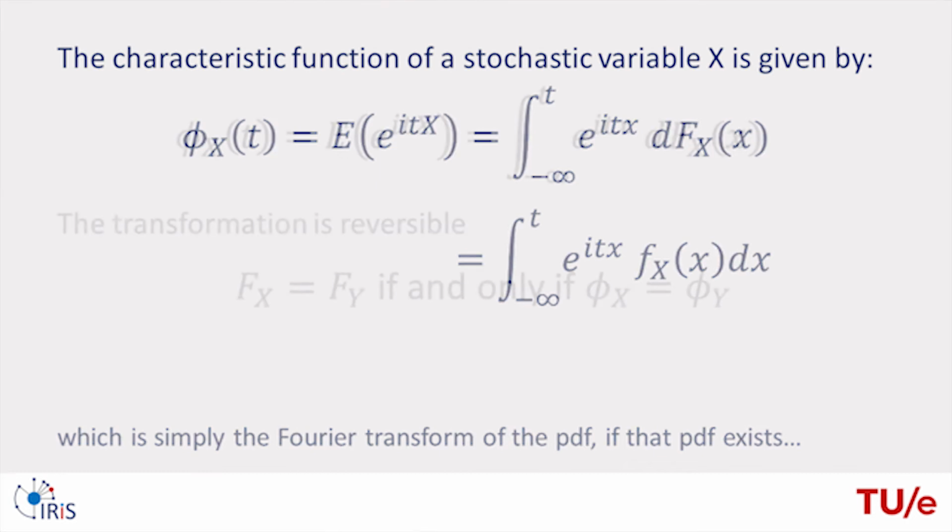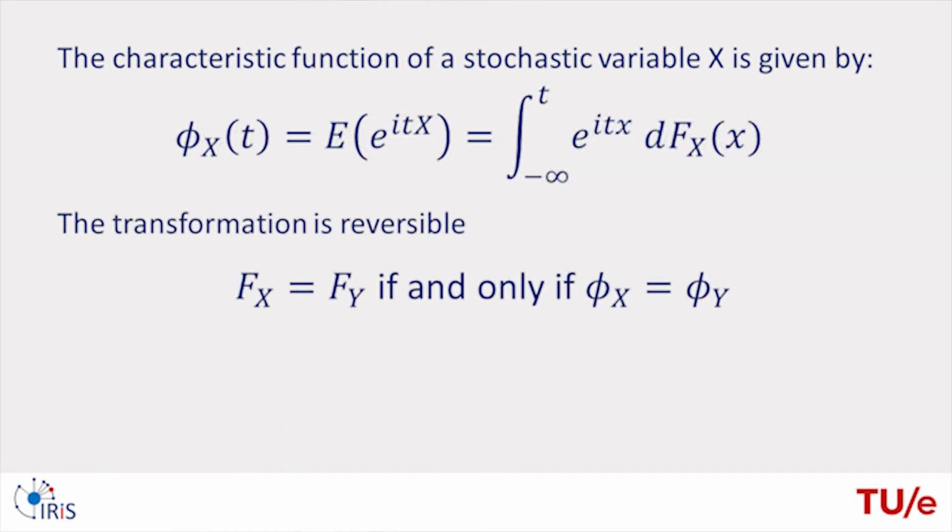So it's a complex valued function. An important property of these characteristic functions is that for any two stochastic variables, the characteristic functions are equal if and only if the cumulative distribution functions are equal.